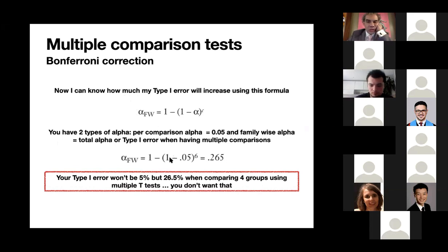So you see here, if I have 6 comparisons, so if I have 4 groups, my alpha error will jump from 5% to 26.5%. So you don't want that to happen. Okay, you want to make your alpha stay at 5%. That's why we do a Bonferroni correction.